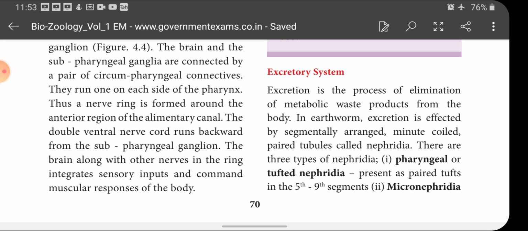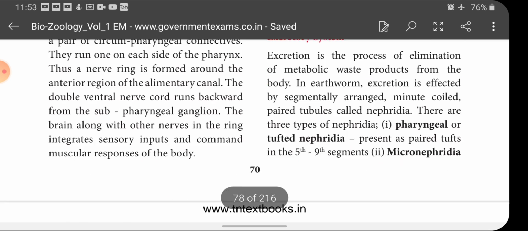From the subpharyngeal ganglion arises a pair of double ventral nerve cords running backward. And the brain, along with other nerves in the ring, integrates sensory inputs and commands muscular responses of the body.